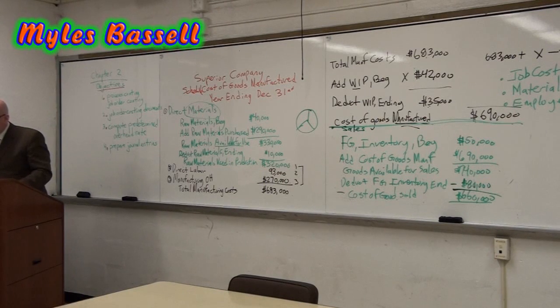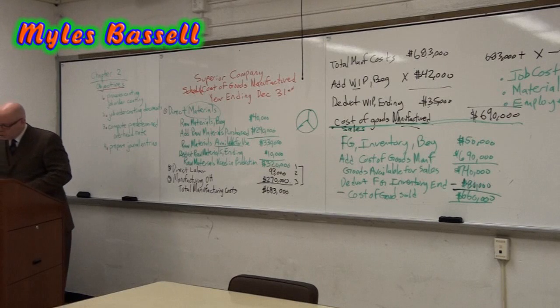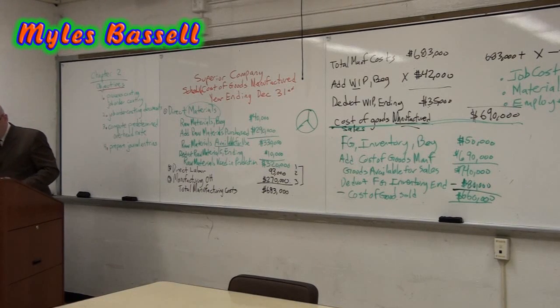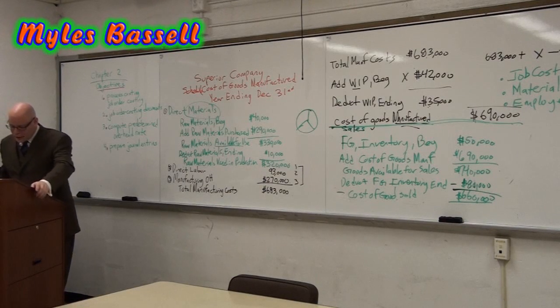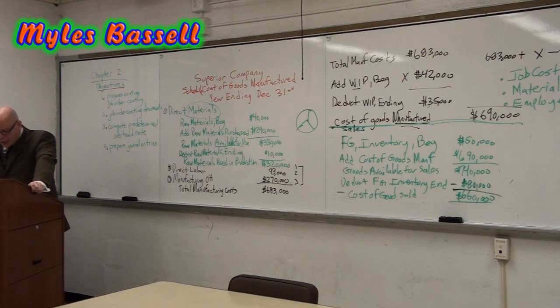So I'm going to take an example from the book. All right, let's look at problem 20, page 115. In their department, they have the cutting department and the finishing department. White Company has 2 departments, cutting and finishing.